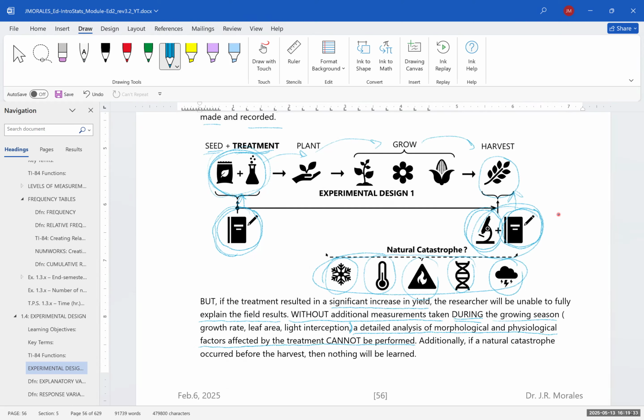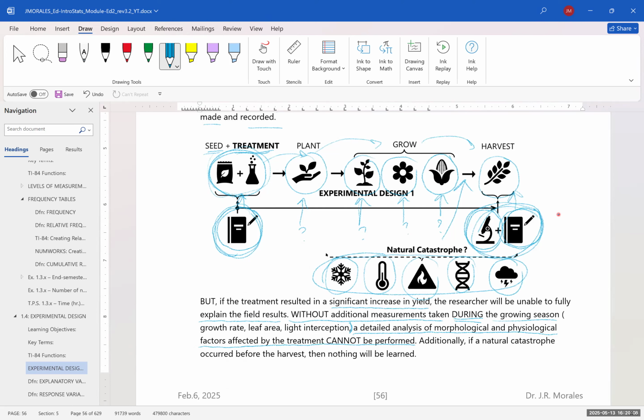So if a natural catastrophe happened somewhere near the end, then you would have learned nothing because you didn't record any information during the planting process, during when it germinated, when it matured, and then finally when it yielded some vegetables, some fruit, some seed that you wanted to collect. You didn't collect any information during the experiment, only at the beginning and only at the end.